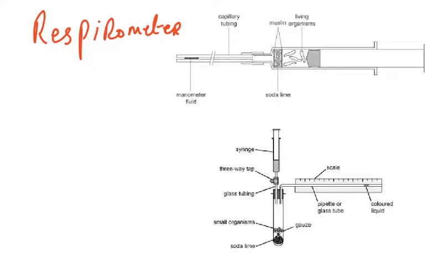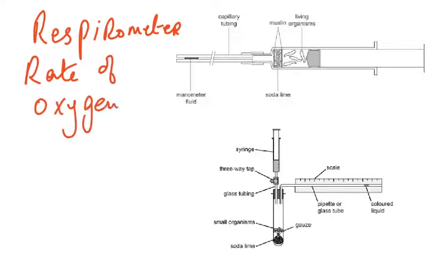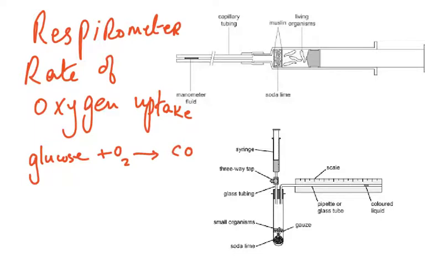This time we're going to study respirometers, and respirometers basically measure the rate of oxygen uptake. Now if you remember your O-level equation, we said glucose plus oxygen gives you carbon dioxide plus water.